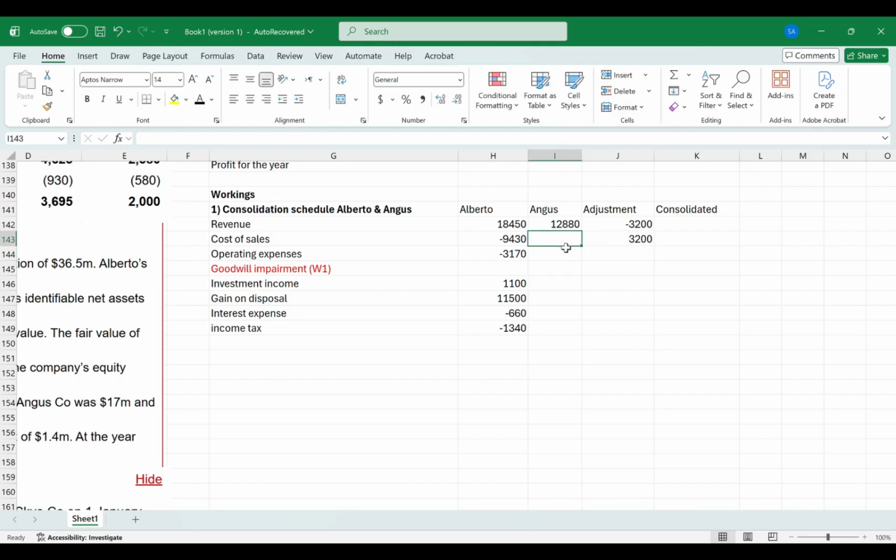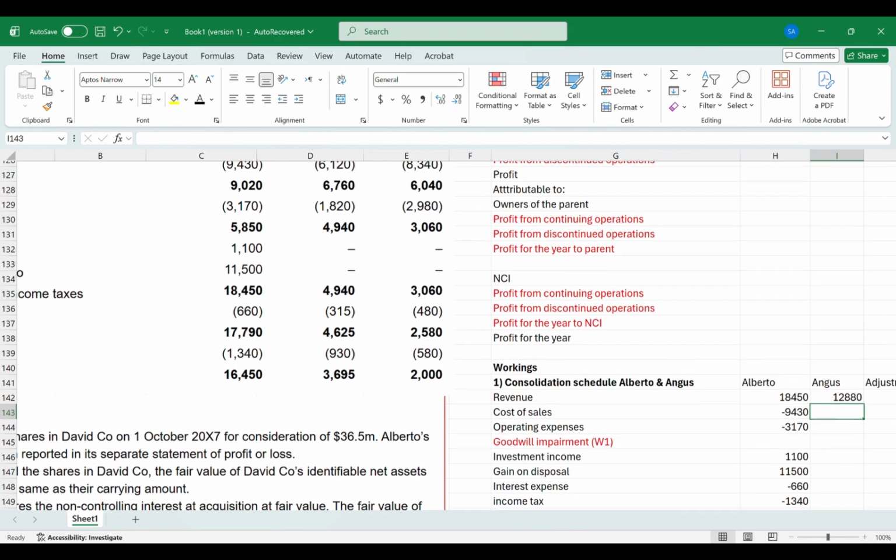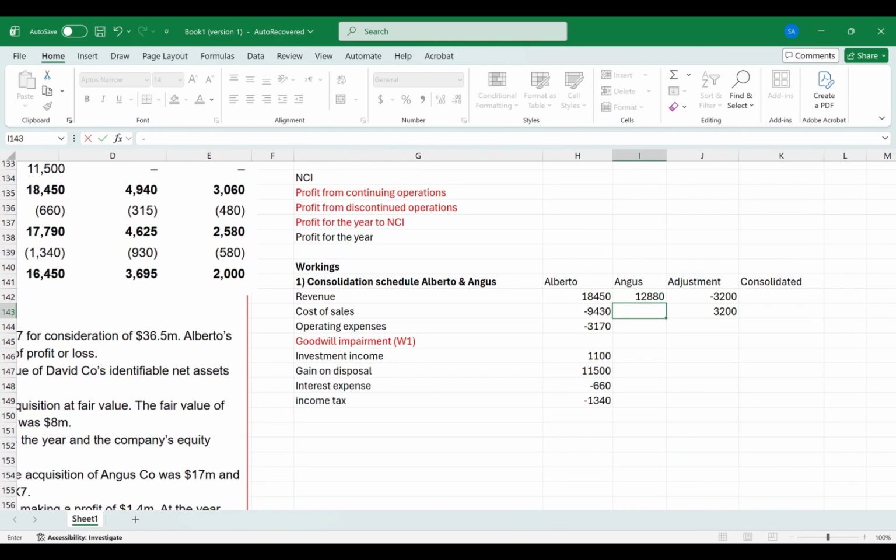And here the cost of sales is 6,120, minus 6,120 as per the question. Done. Then comes your operating expense.